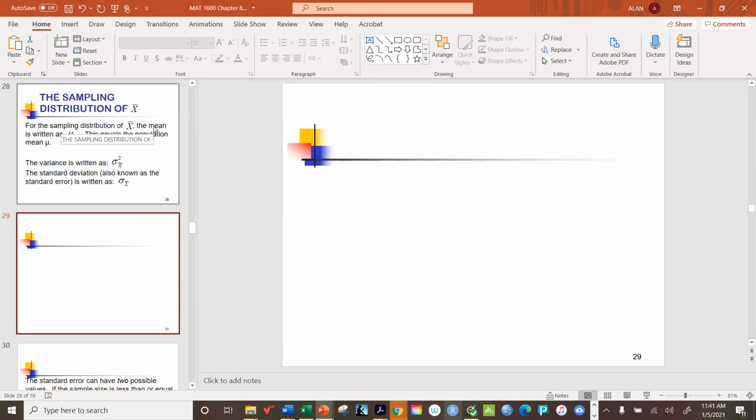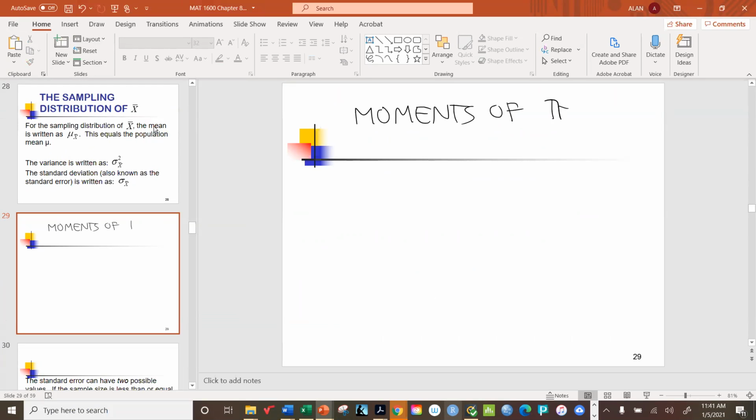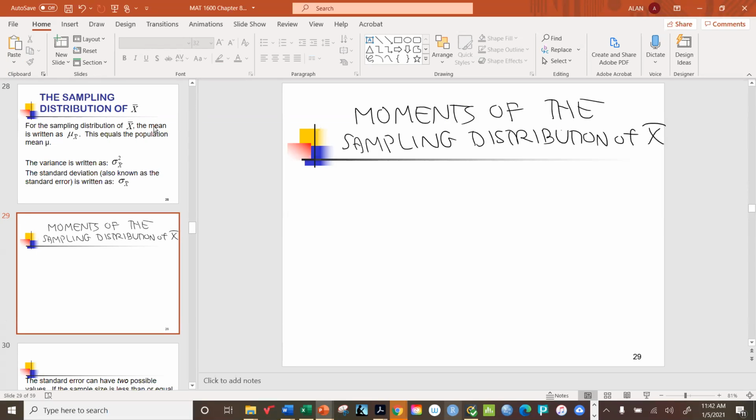So here, the moments of the sampling distribution, specifically of X bar, the expected value, which is often written E of X, will be written as mu.